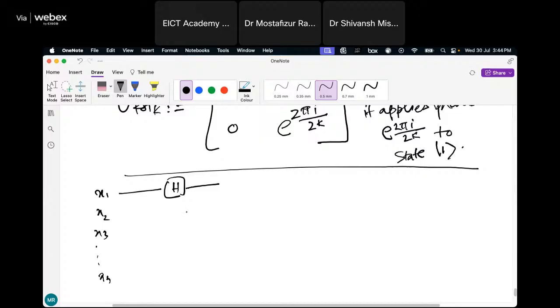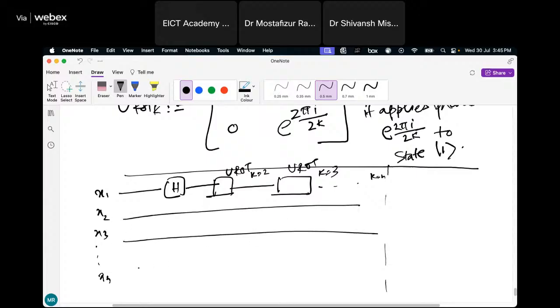Basically you need to apply all the U rotation gates, like U rotation with k equals 2. Then again you need to apply the U rotation gate with k equals 3 and so on, up to k equals n, and here are all the other branches. For the first qubit you apply Hadamard, and there is no phase factor.